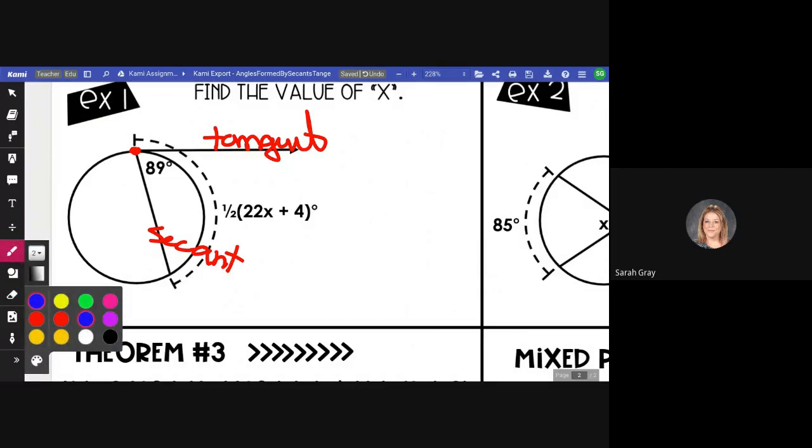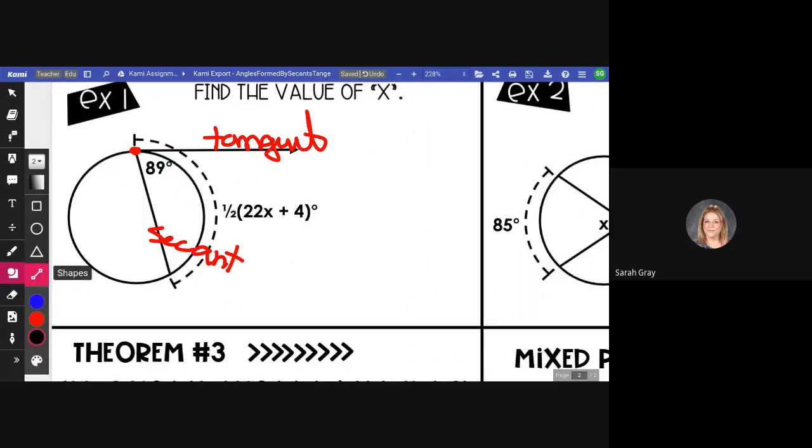So what they're saying is this angle here that they have marked as 89 degrees is half the measure of the arc it makes. So let me see if we can simplify this so it doesn't have a whole bunch of other writing on it.